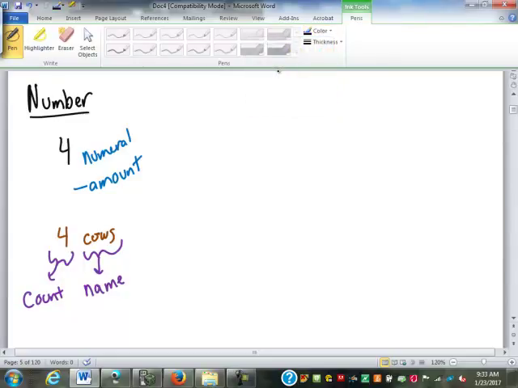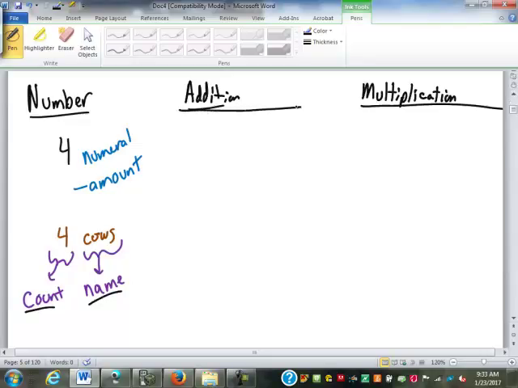So let's look at how those two parts of a number, the count and the name, interact in our two most basic math operations: addition and multiplication. I'm going to step back for a second here, because a lot of you are probably wondering, wait a second, where'd subtraction go?